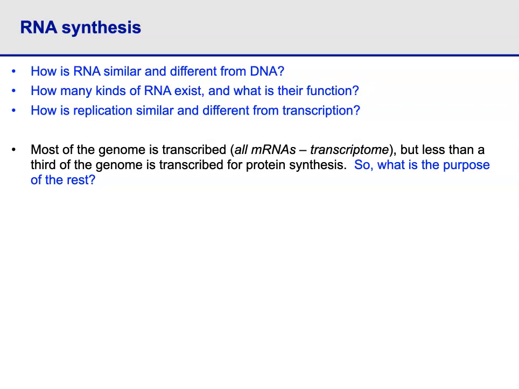One is deoxyribonucleic acid, while RNA is ribonucleic acid. And that tells us that all nucleotides in RNA molecules contain a ribose that has a hydroxyl group bound to the second prime carbon of the pentose.